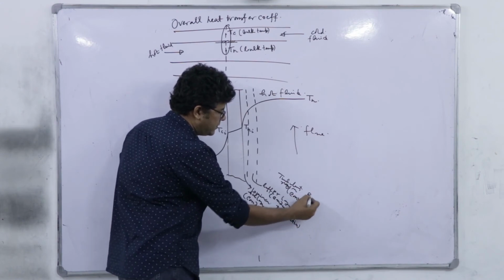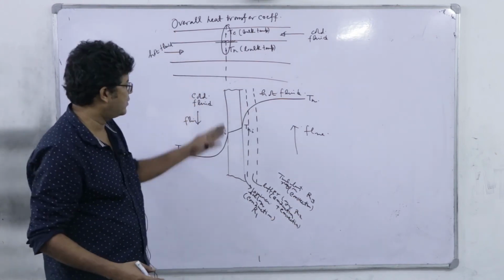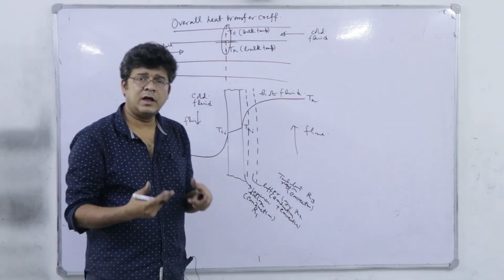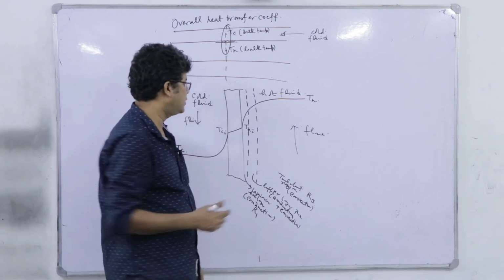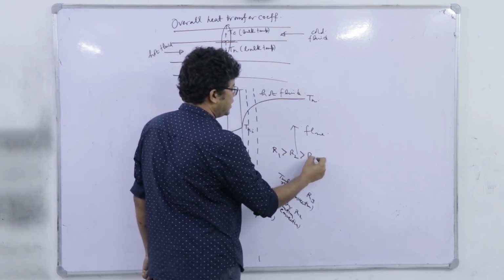Let us say the thermal resistance is R3, here the thermal resistance is R2. So, it is pretty obvious that close to the wall the resistance will be maximum, right, because we have only conductive transport. So, R1 is greater than R2 greater than R3.